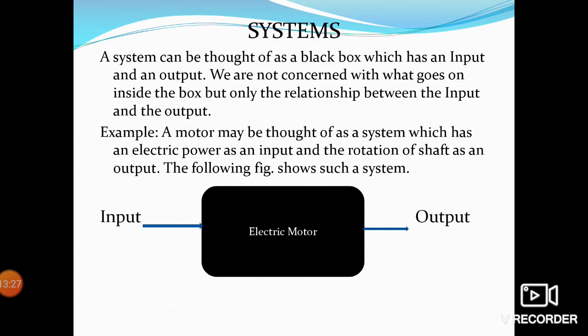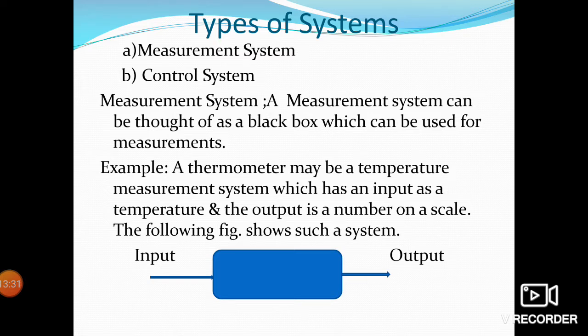Now, systems can be of two important types. You need to remember that the first one is called a measurement system, and the second one is called a control system. As the name itself implies, a measurement system concentrates on the measurement of a particular parameter.